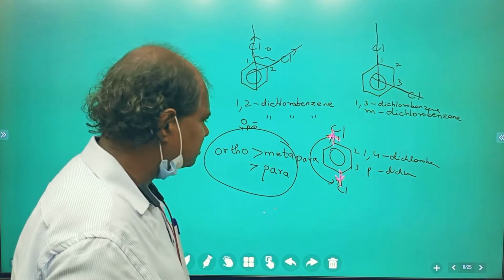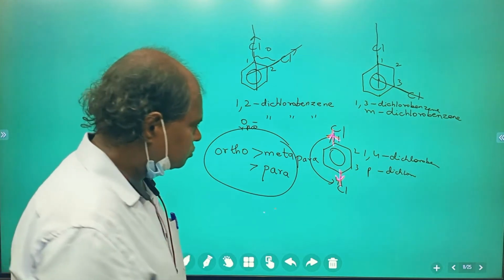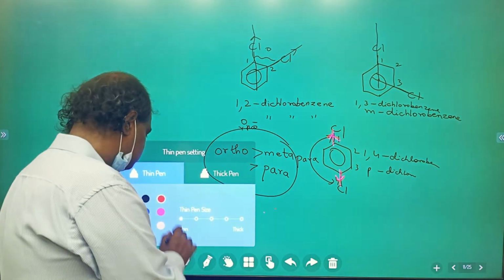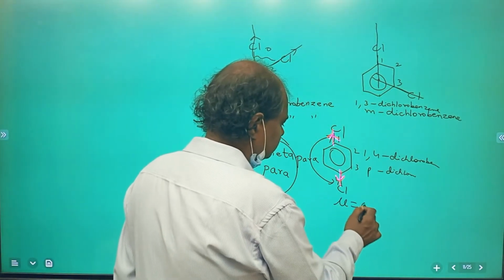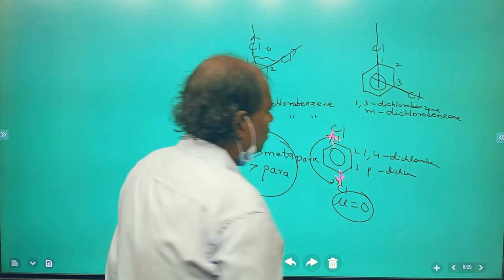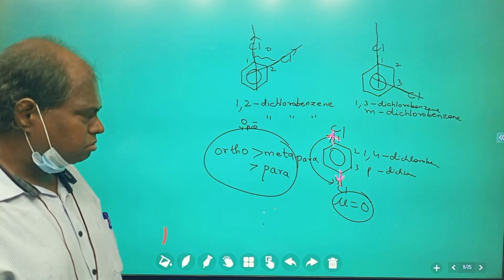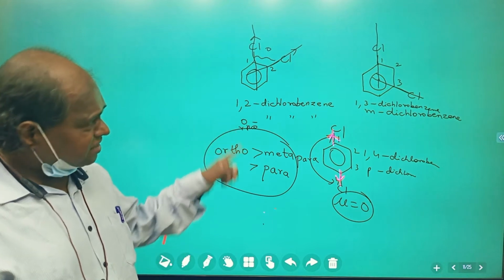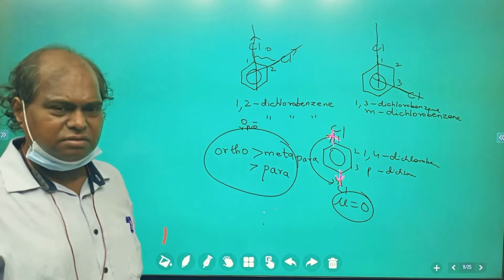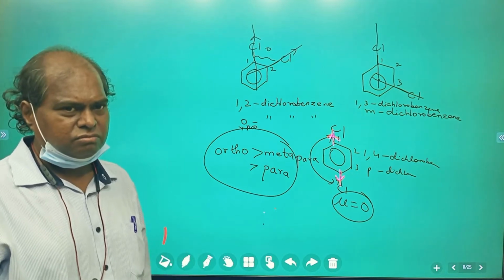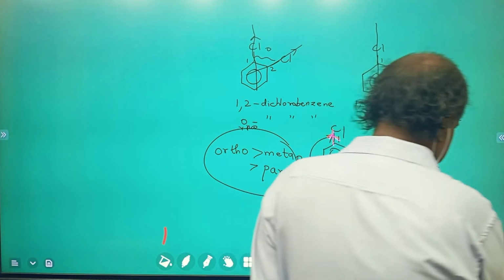The opposite chlorines will get cancelled, right? So in fact, para will have 0. So very famous question they asked. Ortho will have the highest dipole moment, followed by meta, followed by para. Para will have 0. Just note down these questions.